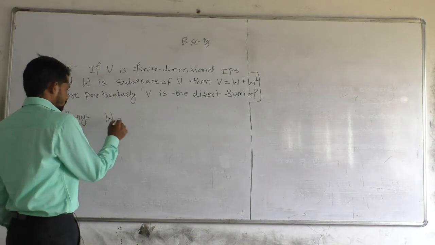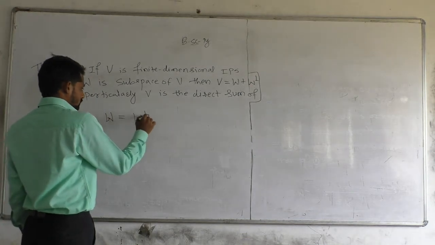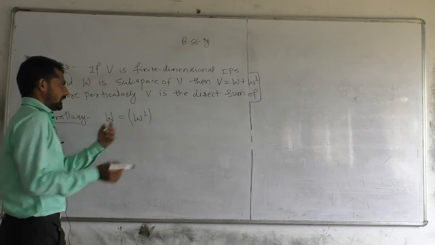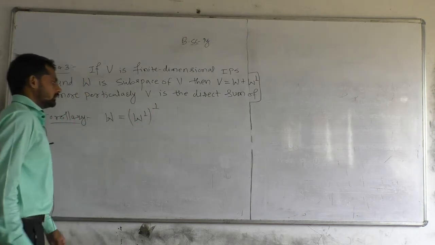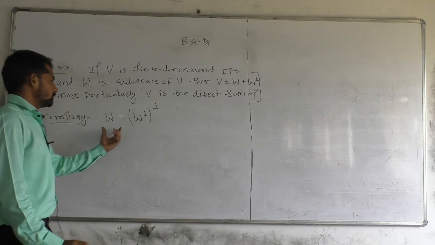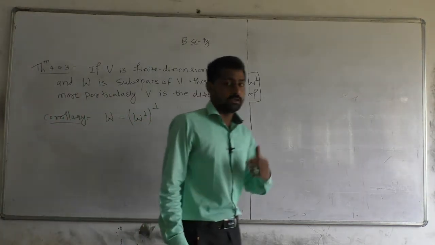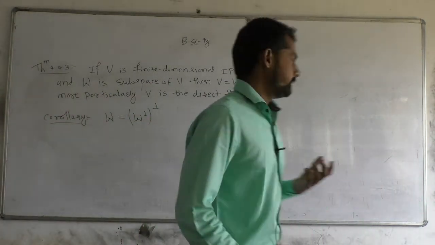W is equal to the orthogonal complement of W and its orthogonal complement. We have to prove this, where W is a subspace of an inner product space V.